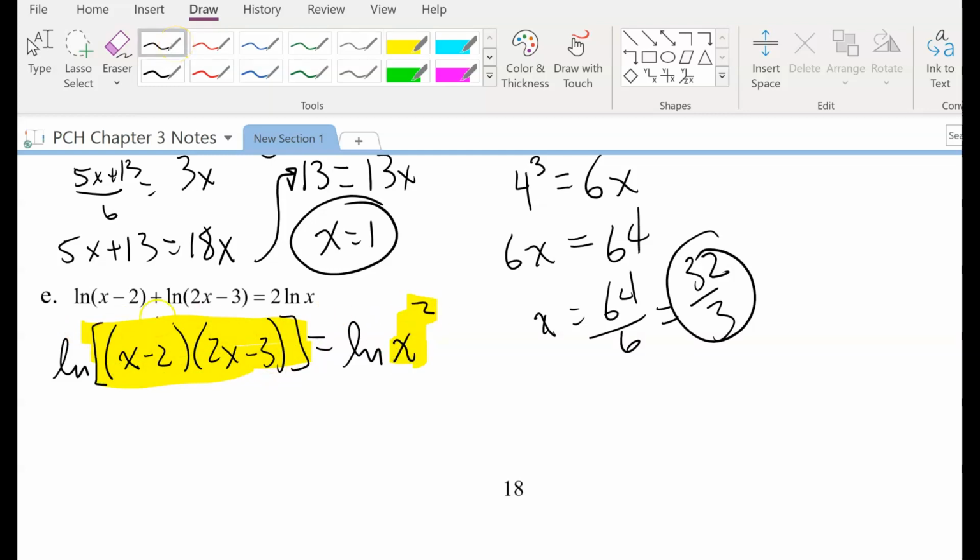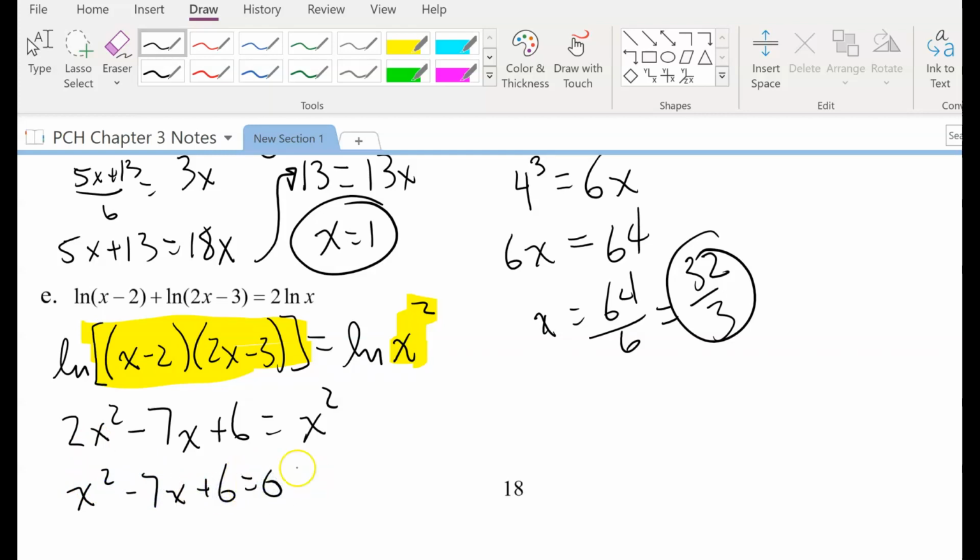And I'm going to distribute this. So I've got 2x squared, so I'm going to have minus 3 minus 4, so minus 7x plus 6 is equal to x squared. So we'll subtract x squared from both sides, so I get x squared minus 7x plus 6 is equal to 0.